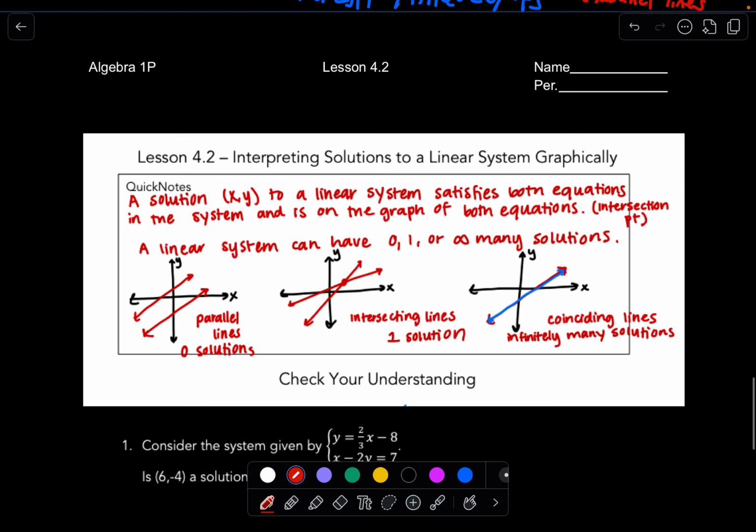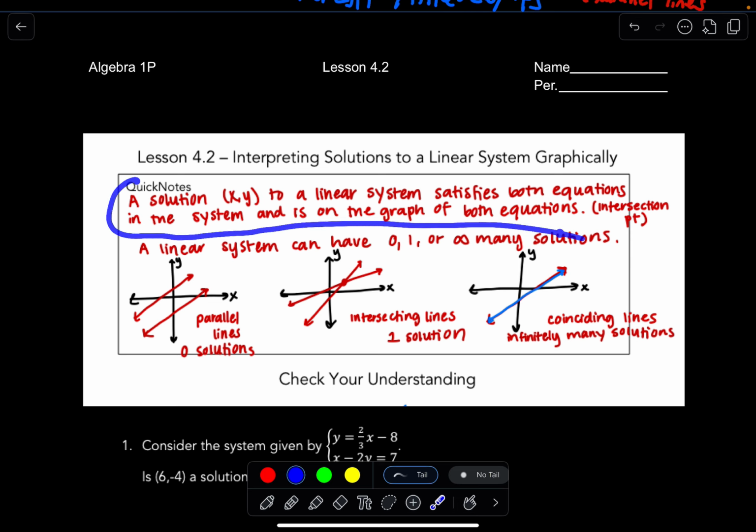Now here's the takeaways. A solution, x y, I'm just reading this. You copy this down. A solution, x y, to a linear system satisfies both equations in the system and is on the graph of both equations. Intersection point, all right? So that's what we mean. When we solve a system, we're looking to see where two lines cross.